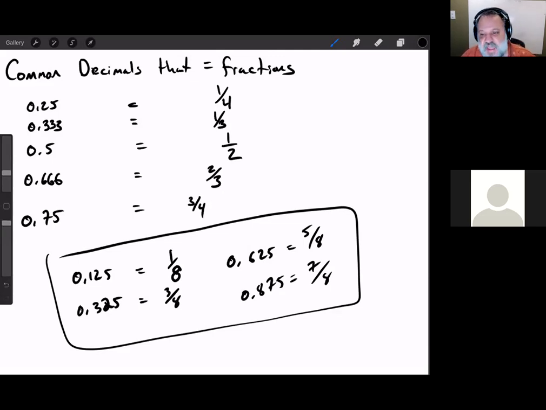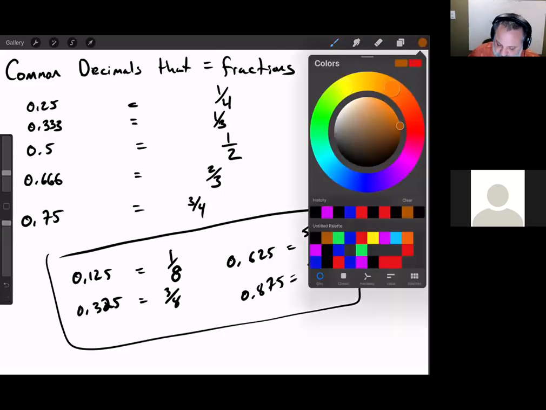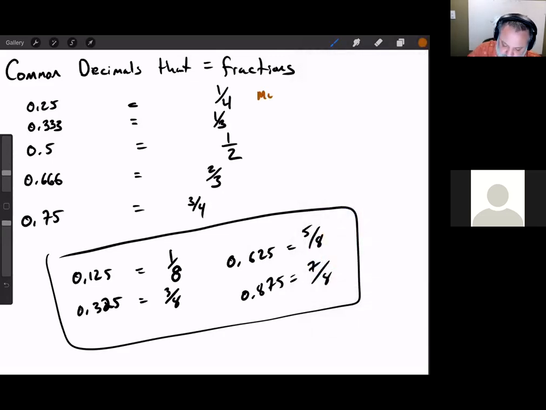They're fractions of 8. So how do you deal with these fractions? What do you do when you find these decimals? We're always multiplying by the denominator. Multiply by 2.